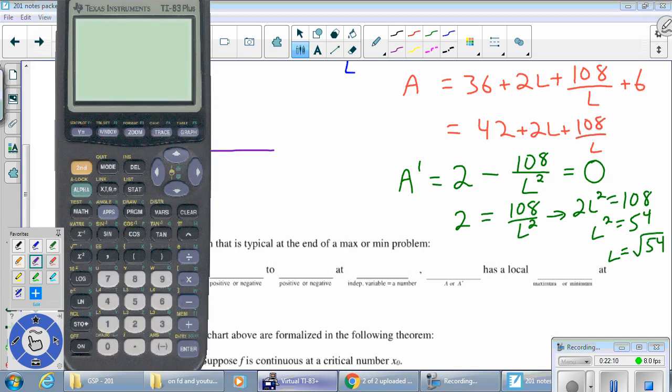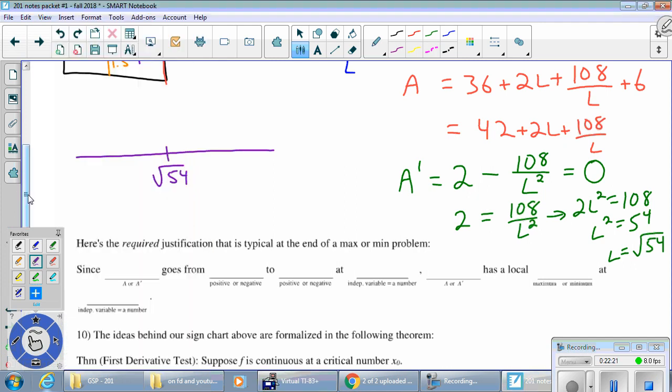So square root of 54 is what I'm interested in here. Okay, so that's around 7.3. We'll be very friendly. 7.3.